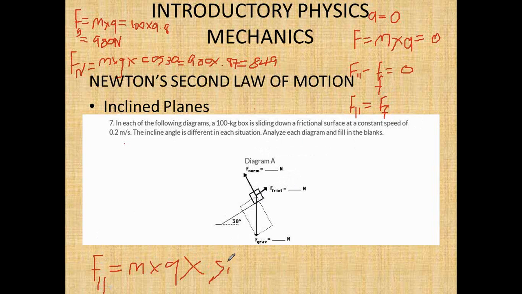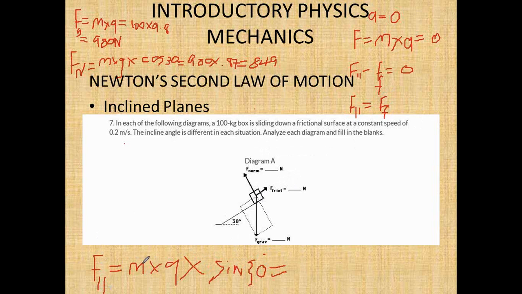So sine of 30 degrees. And the sine of 30 is 0.5.